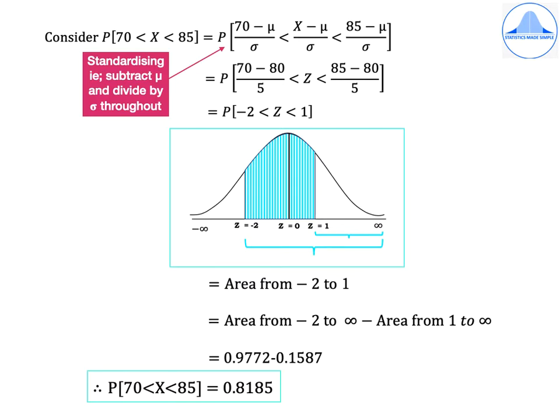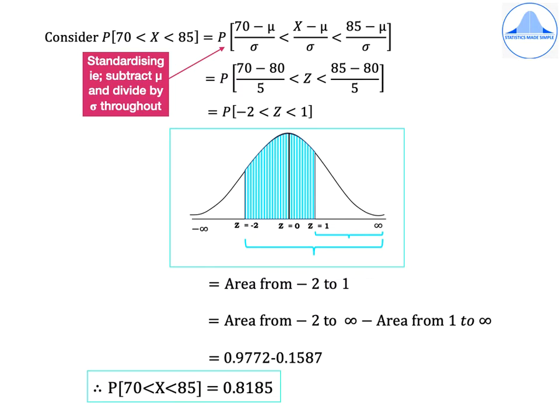Now because z lies between minus 2 and 1, first take the value minus 2, and because it is negative, mark it on the left tail of the curve. Similarly, 1 is a positive value, so mark it on the right tail of the curve. Now, Z is lying only between minus 2 and 1, so you have to shade only between minus 2 and 1, like I have done in blue color.